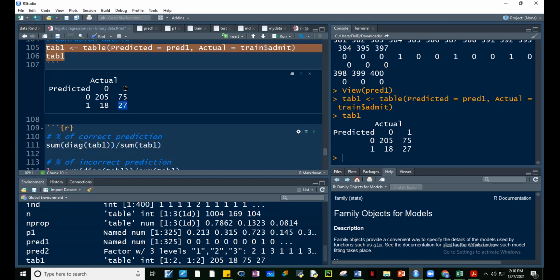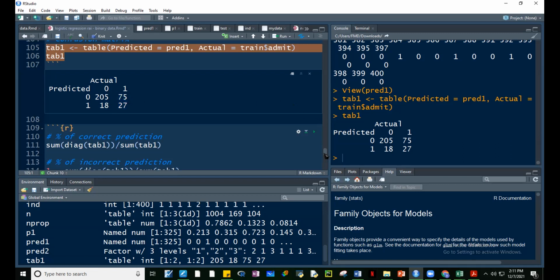Kasi actually 1 siya. So itong diagonal, guys, these are all the correct predictions. Yung off diagonal, these are your wrong predictions. So predict na dito na 0 pero actually 1 siya. So mali ito, 75 instances. How about this one? Predict ng model natin na 1, pero actually 0 siya. Predict na ma-admit dito pero actually hindi siya na-admit. So 18 yung wrong, 75 yung wrong dito.